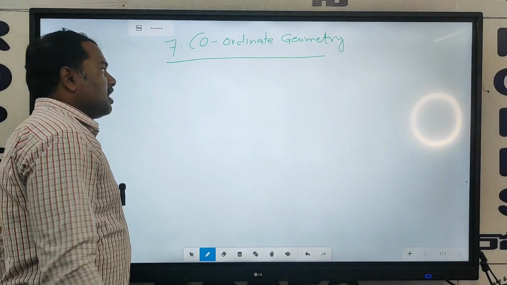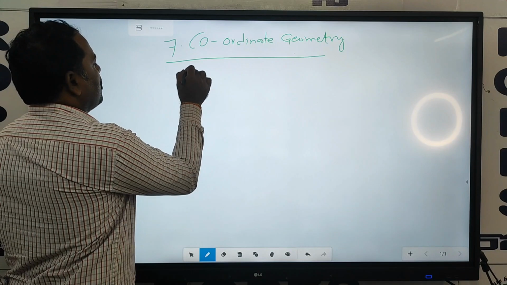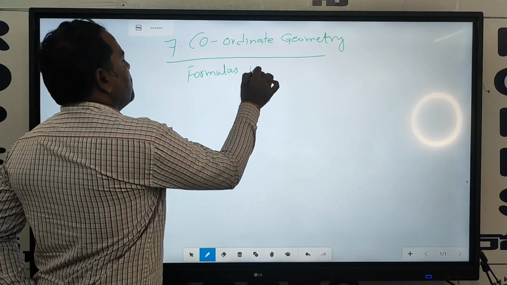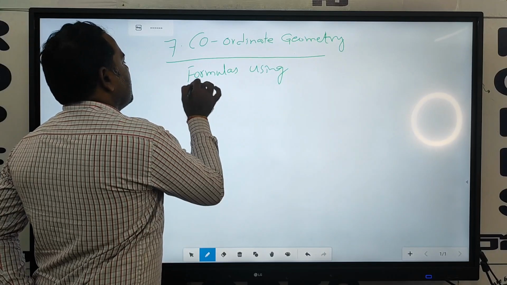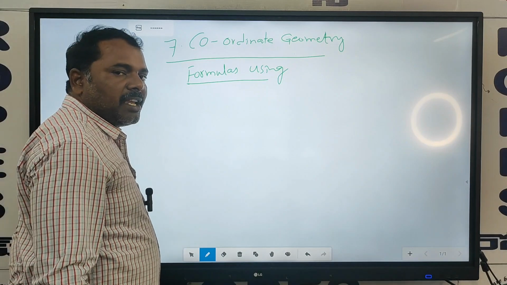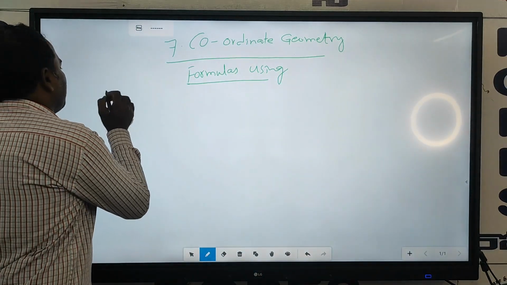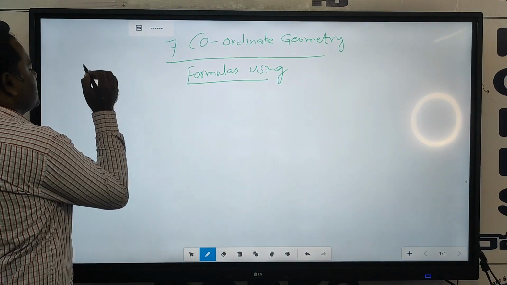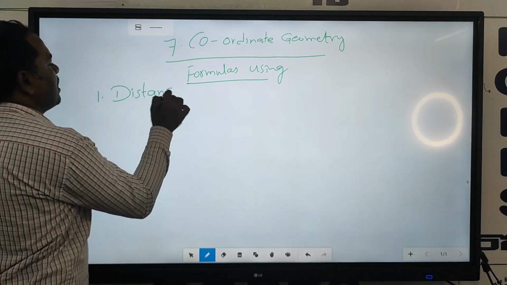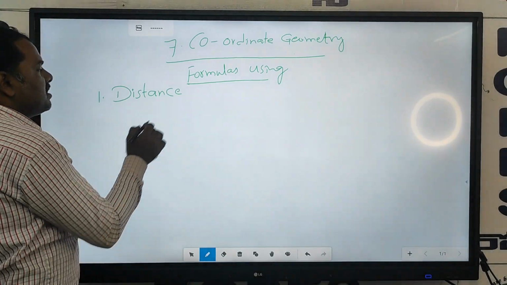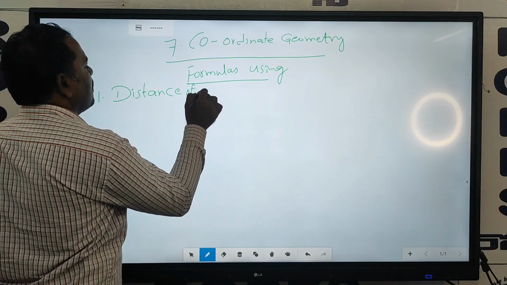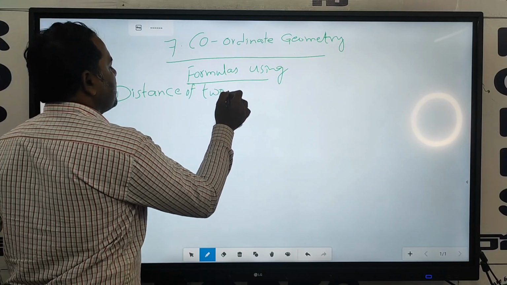In this coordinate geometry, what are the formulas we are using? So first we will see the first one, distance formula. Distance of 2 points.